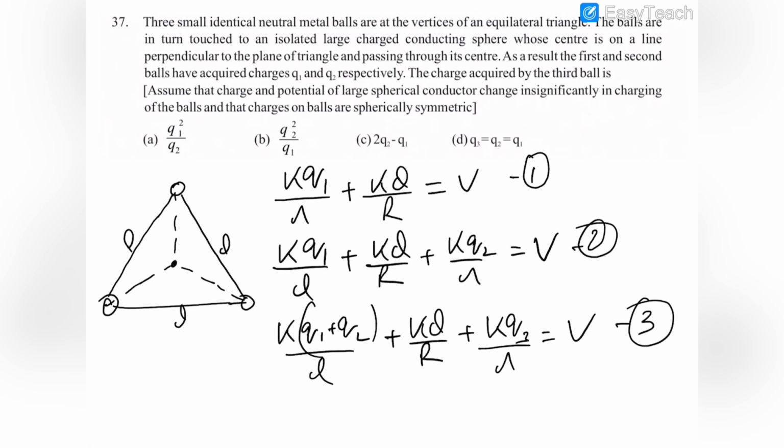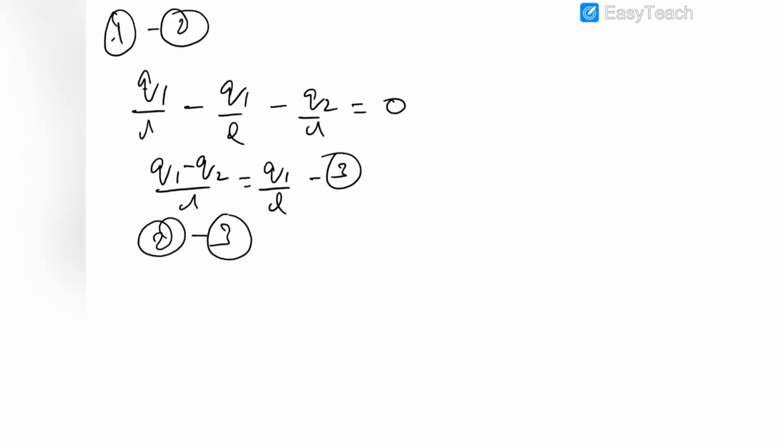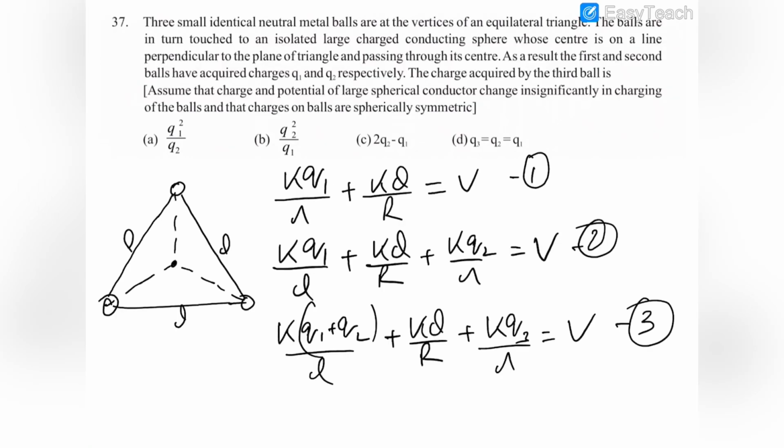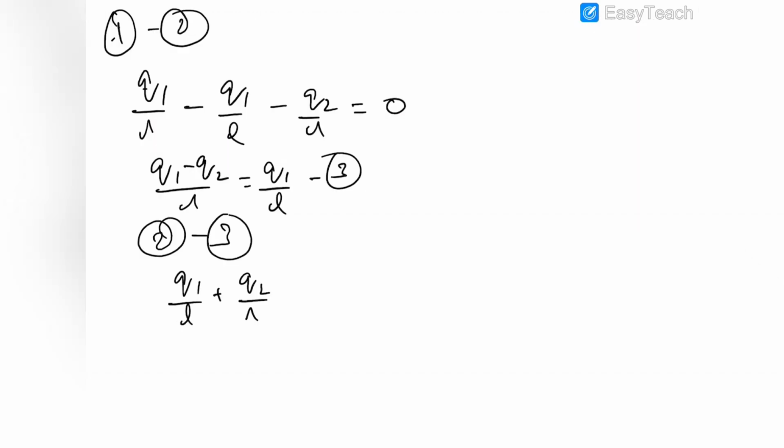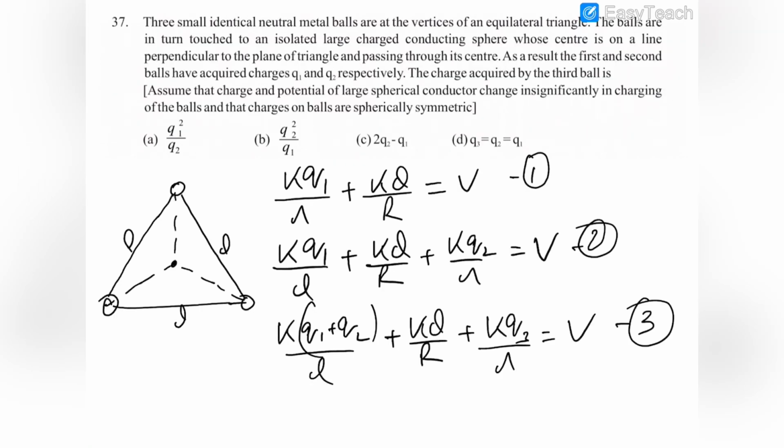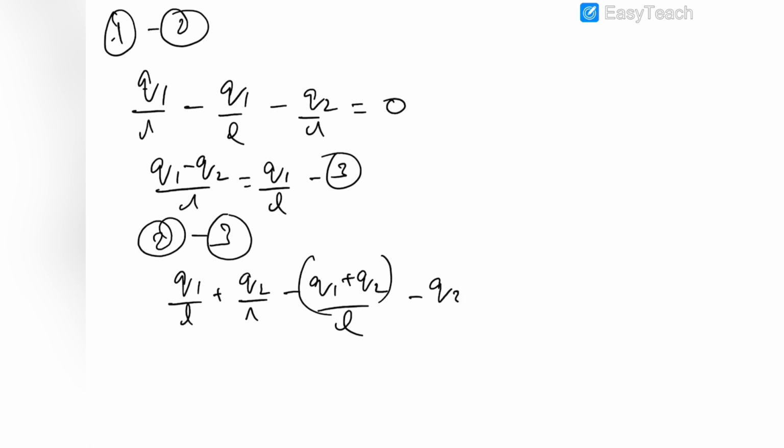So this 2 minus 3 will be, if we subtract these two equations, then these terms will cancel out, and this is Q1 by L plus Q2 by R. This is Q1 by L plus Q2 by R, small r, minus Q1 plus Q2 by L. This is minus Q1 plus Q2 by L, and this is Q3 by R. So minus Q3 by R is equal to 0.